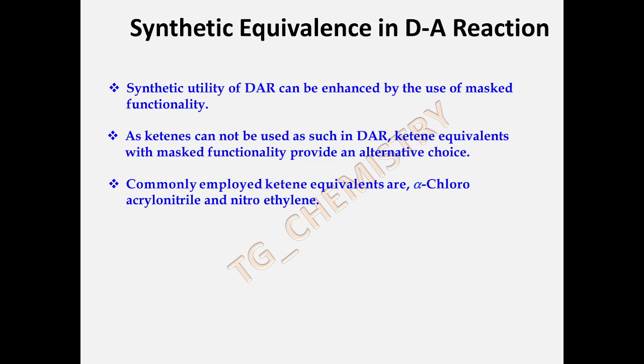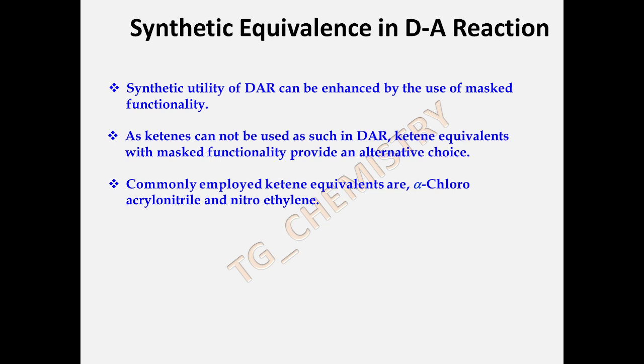So this is the beauty of the Diels-Alder reaction, of masking your dienophiles or substrates. If these are too reactive to go for the Diels-Alder reaction, you can take the masked functionality, and it will provide you an alternative choice. More commonly, the synthetic equivalents for ketenes are alpha-chloroacrylonitrile and nitroethylene.